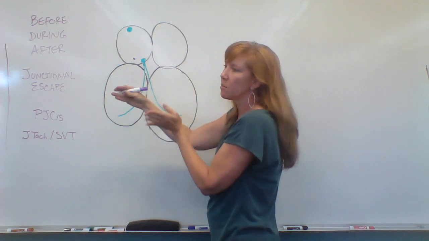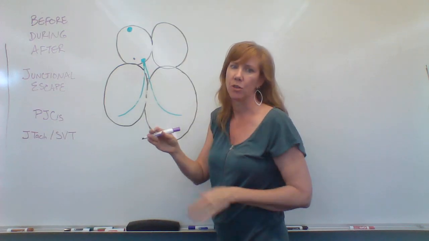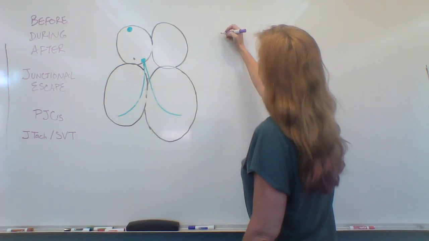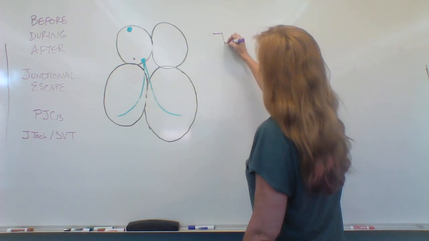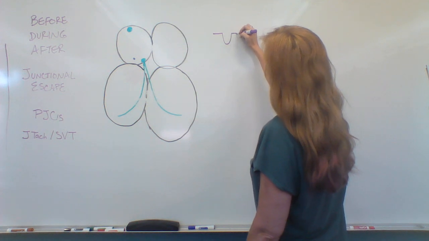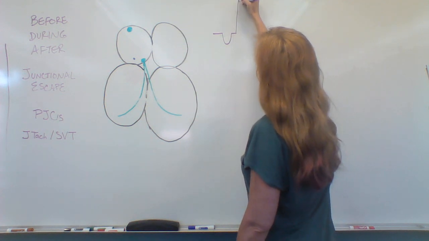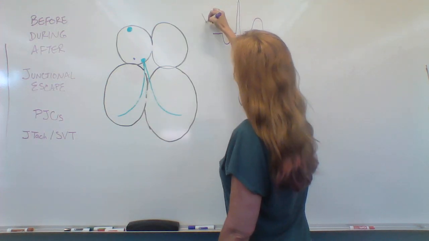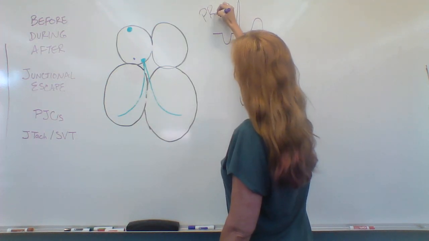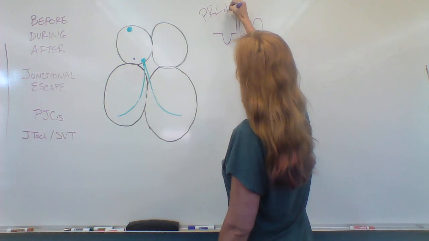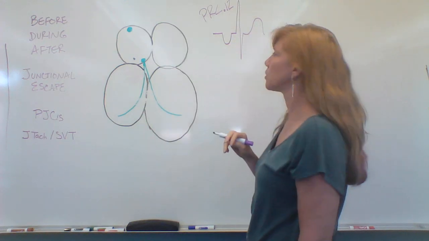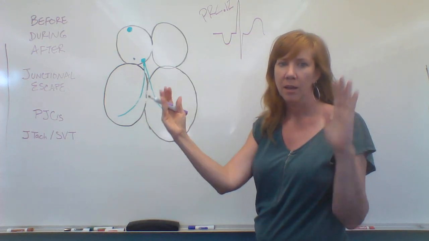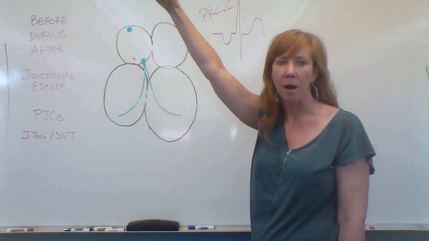So the P is going to be really close to the QRS. So the P is going to be upside down in lead 2 and really close to the QRS. So PR less than 0.12.